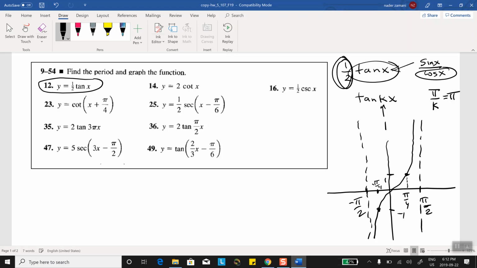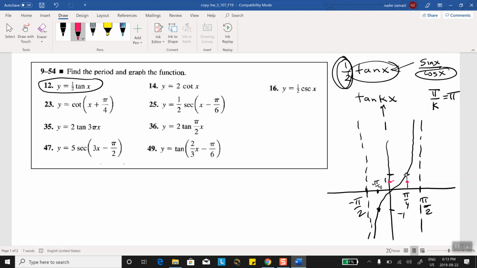Now, because we have 1/2 here, the entire thing is shrunk in the vertical direction by a factor of 1/2. So this point 1 is going to go to 1/2. This point is going to go there.